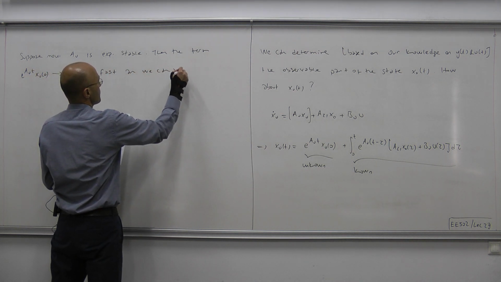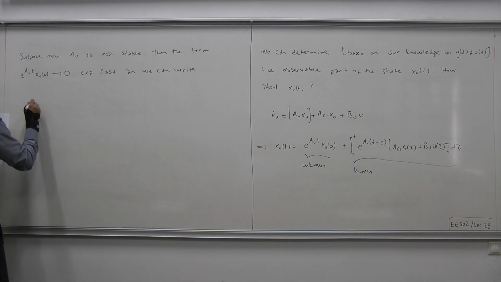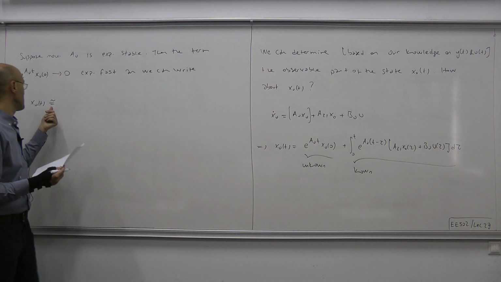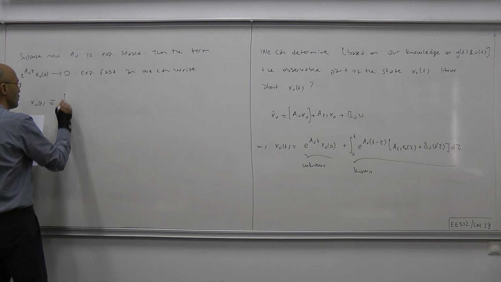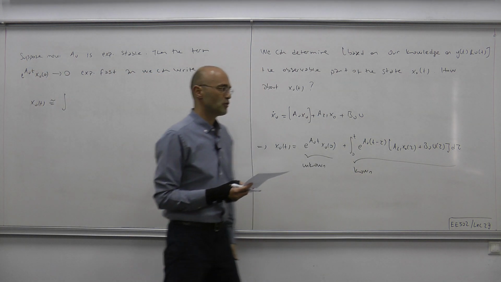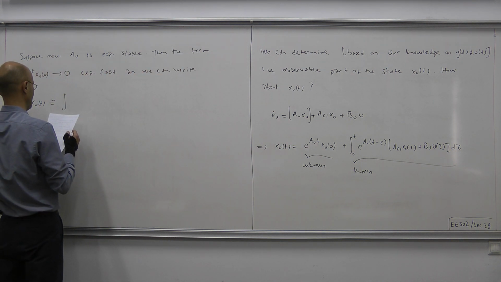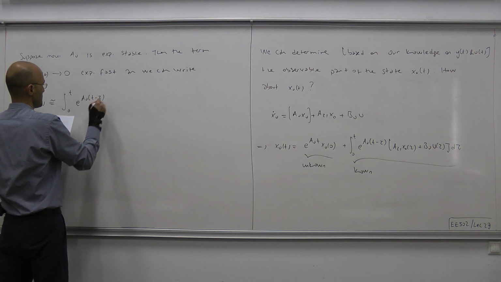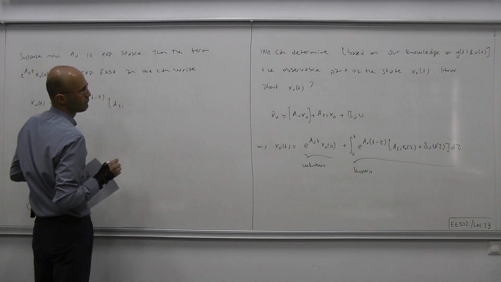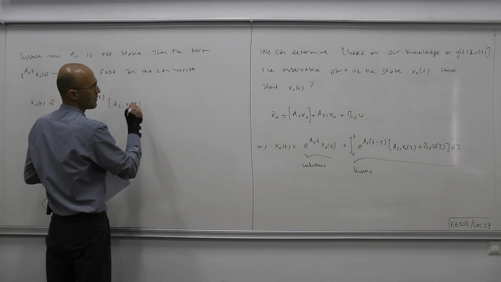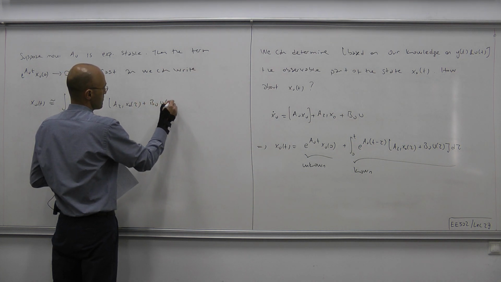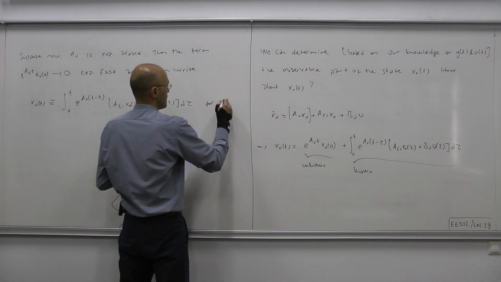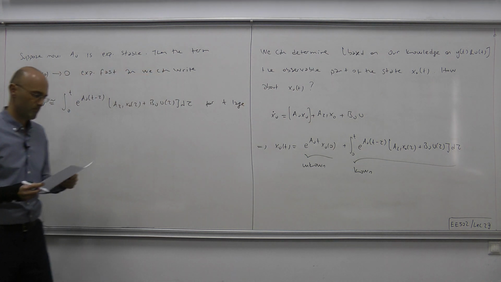That allows us to claim that after some time xu of t approximately equals, and as time goes on the approximation becomes better and better, the term that we can compute, the known term: the integral from 0 to t of e to the AU (t minus tau) A21 xo of tau, for t large enough.